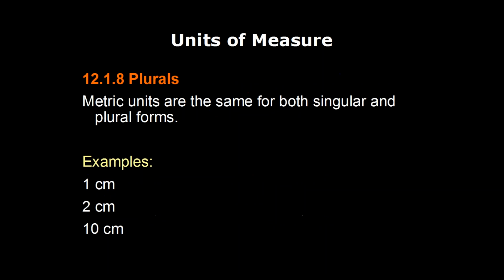Now, what are we going to get next? Plurals. Again, this is fairly straightforward stuff. Metric units are the same for both singular and plural forms. So as you can see, 1 centimeter, pretty clear. 2 centimeters, meaning you don't add the S. 10 centimeters, no S. So the abbreviation is the same for both singular and plural forms.